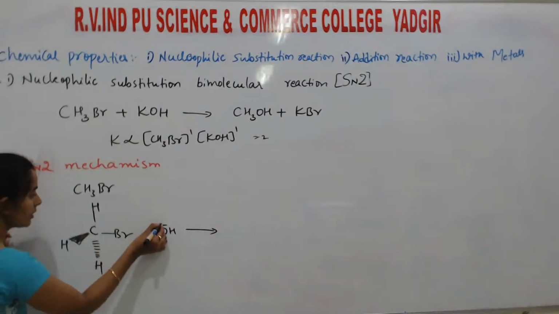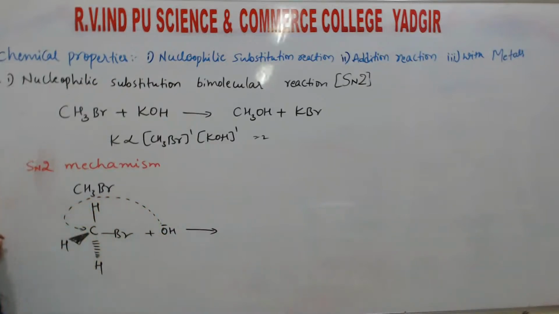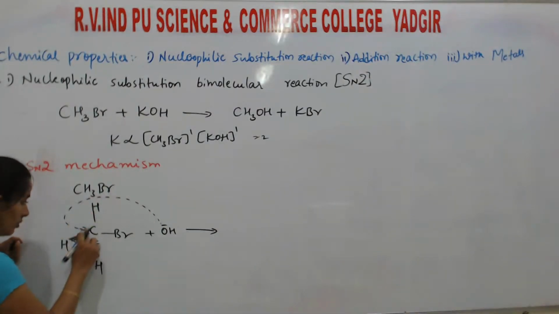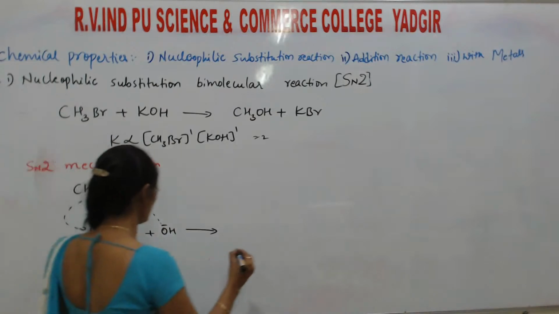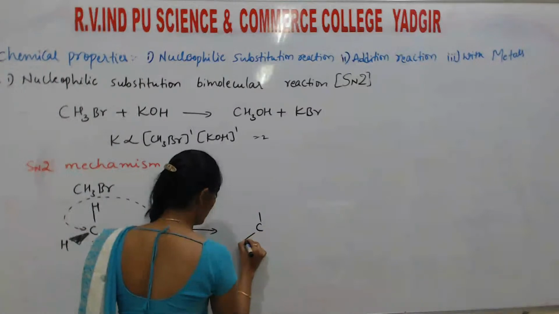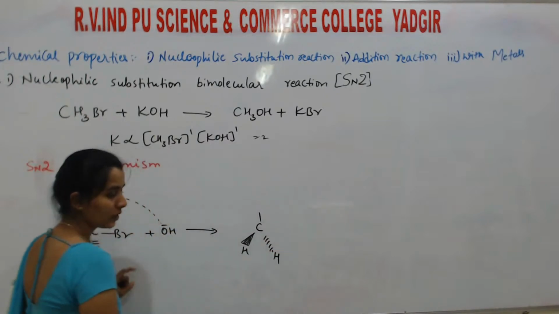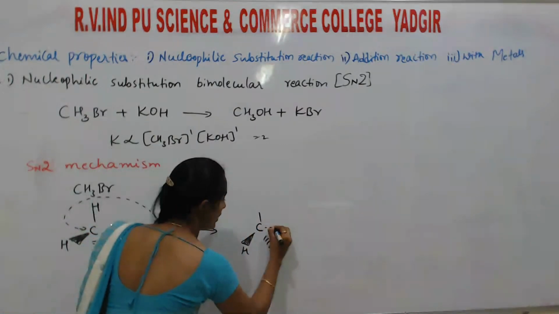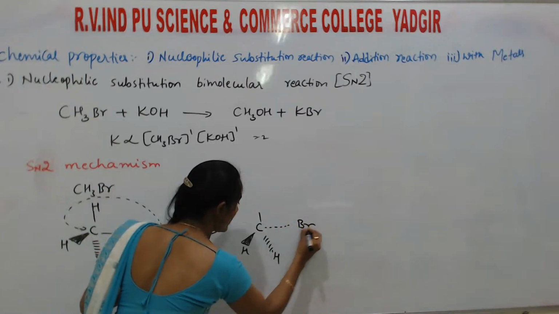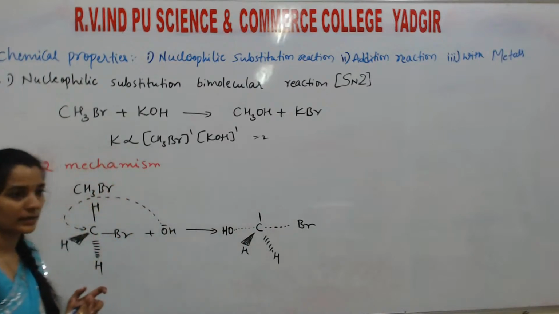This OH is bonded from this direction. Tetrahedral shape means you move in this direction. If you write this, students, this carbon has here a hydrogen, here another hydrogen, here another hydrogen. So what happens here? At the time bond breaking takes place, bond making takes place.